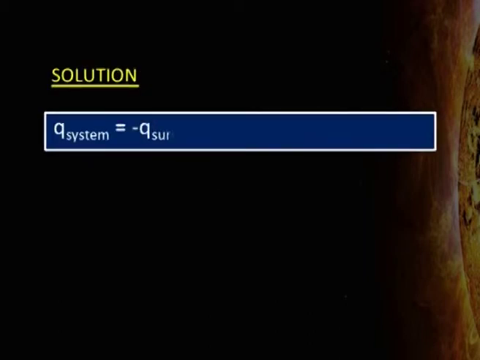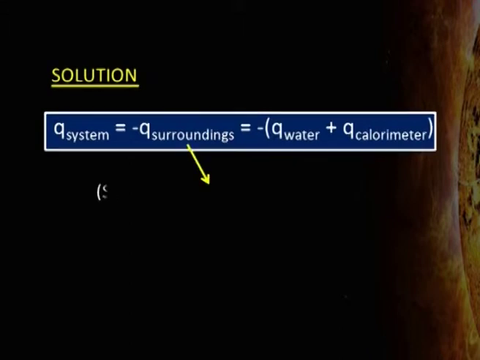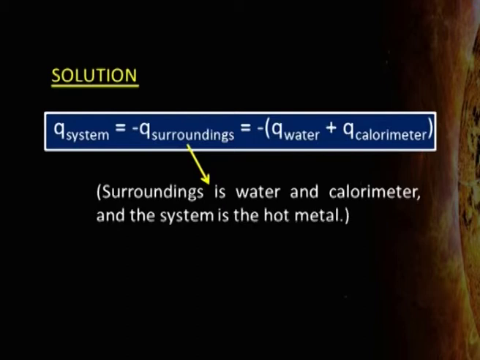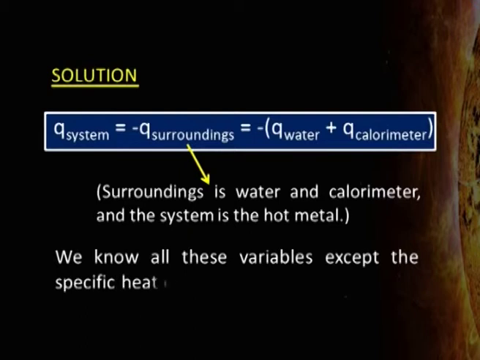Now, Q of system will be equal to minus Q of surroundings. Here surroundings is water and calorimeter and the system is the hot metal. We know all these variables except the specific heat capacity of the solid.